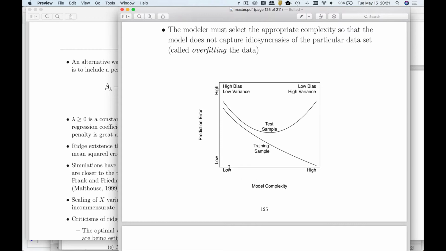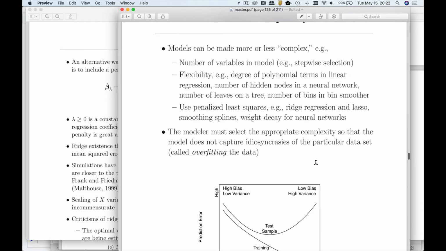Now the question is, how do I control the complexity of a model? So we've seen one example with polynomials. We've seen another example, which is forward selection regression, right? So what was forward selection about? Well, you start out with nothing in the model, so you have just an intercept, and then you keep adding one predictor at a time, and each time you add a predictor, the model gets more complex until you have all P predictors in.